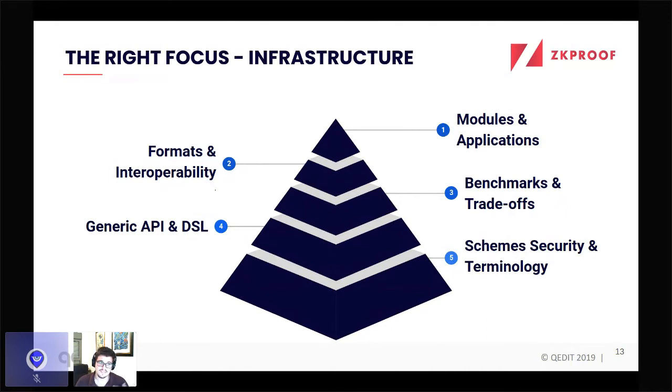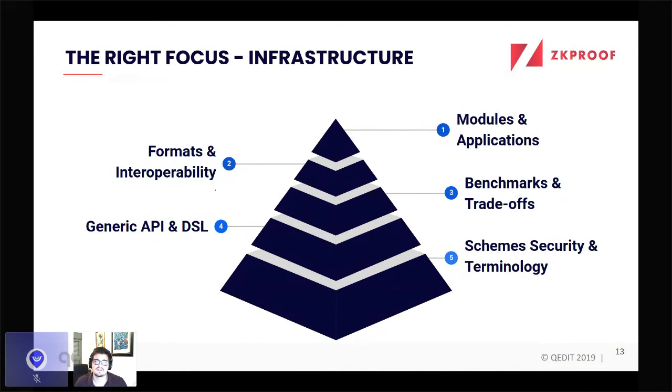There is the idea of formats and interoperability, because if you don't have interoperability... as much as now, for example, the blockchains are very focused on their own systems, you do start seeing some interoperability and cross-blockchain applications and things like this. And it's important to have that interoperability. And of course, at the top, you have these applications, but I want to say that you want to build applications in a modular way, right?